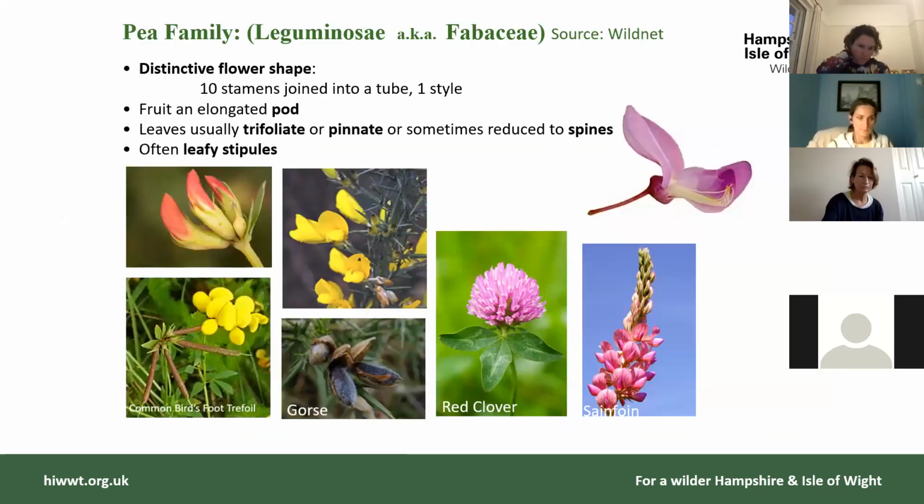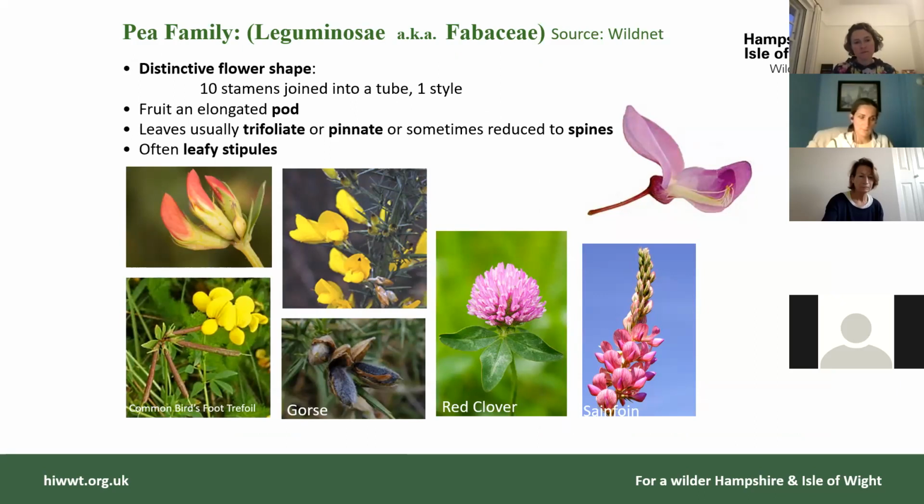And you'll see some here. So you can see we've got common birdsfoot trefoil. We've got gorse. You can see they've gone to seed there. And the one at the top, which is obviously gorse in flower. We've got the red clover. So what I mean is every single tiny one of those little florets on that flower head, each one of them, the petals are arranged in that particular way that I've just mentioned.